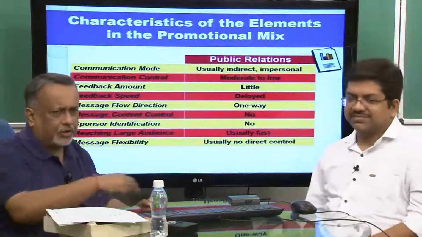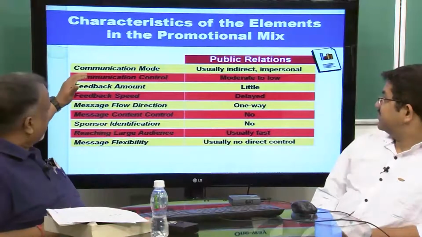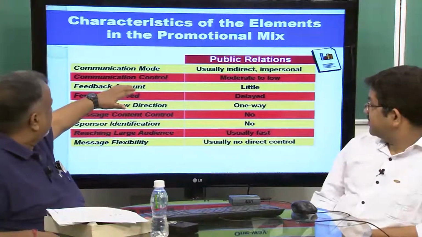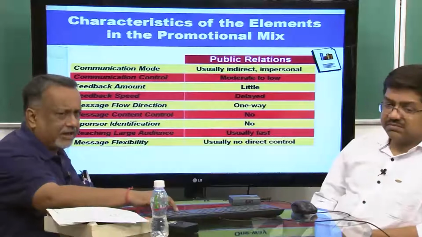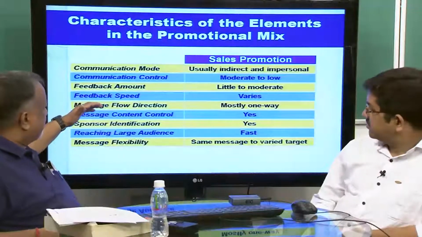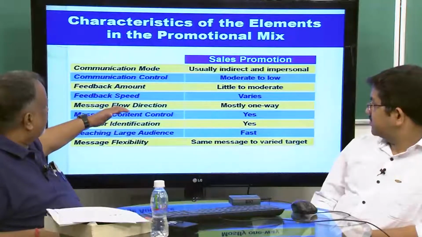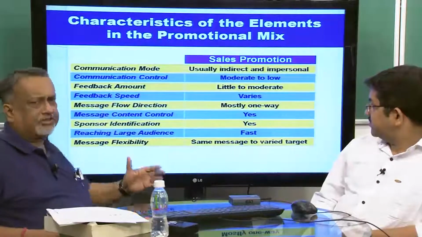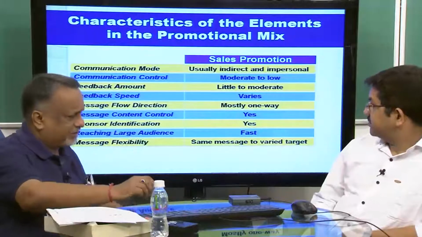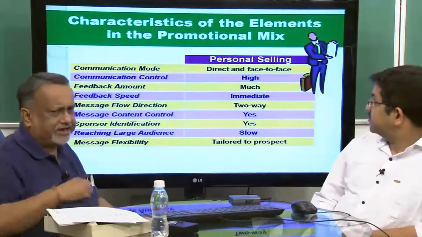The promotional mix is still one way in message flow and communication control, but when it comes to sales promotion, we are seeing improvement. It is still mostly one way, but there can be conversations in sales promotion, such as a press conference where you can have discussions, or a trade show.